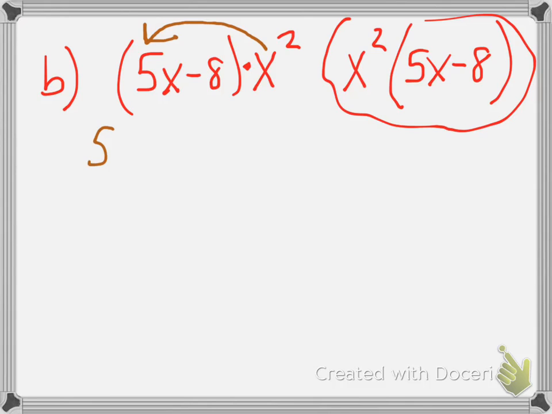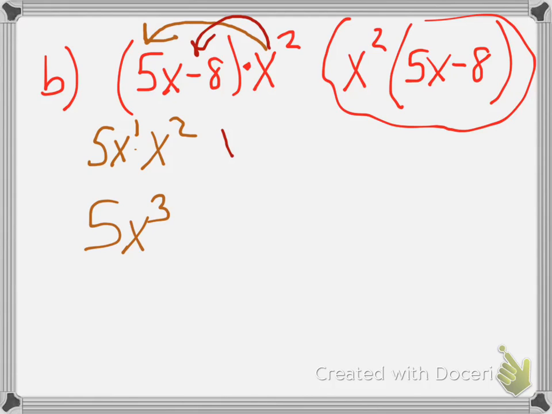I have 5x times x squared. That's going to give me 5x cubed. Remember, because this is a 1 right there. And then I have x squared times negative 8. So negative 8x squared.